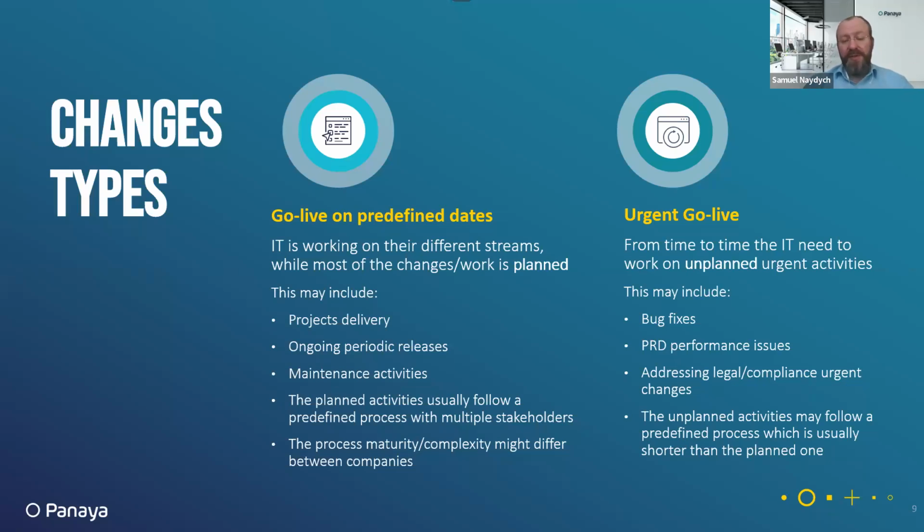So this is also sometimes a part of the urgent correction or urgent go-live. And these unplanned changes have to follow a very short process, because these fixes need to be introduced into production as soon as possible without waiting for the next window of a release.